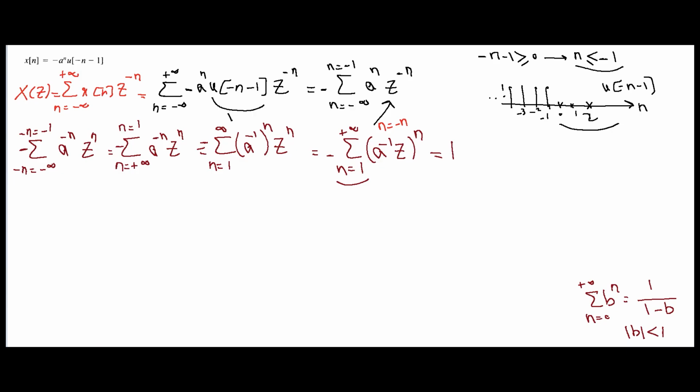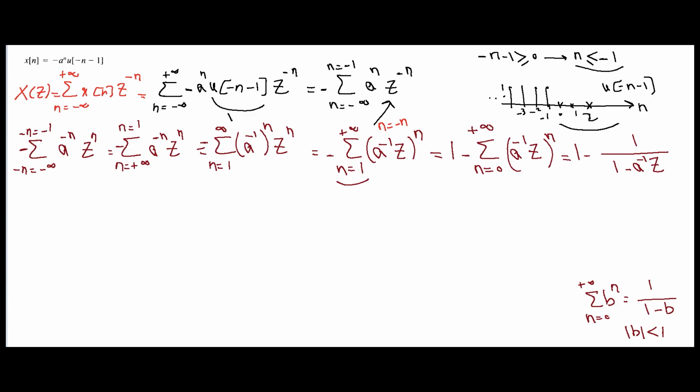When n equals 0, the expression a to the power minus 1 times z, all raised to the power 0, is equal to 1. Taking the minus sign into account, this contributes minus 1. Therefore, we compensate for it by adding 1 outside the summation.